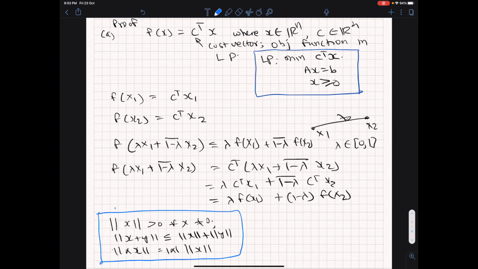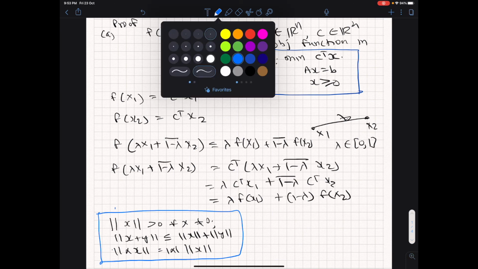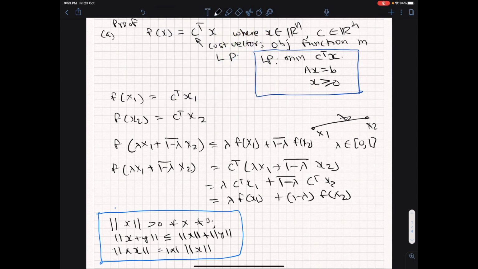Now we have to show that. So what do we need to show? f of x is the norm of x, is it not? Now what we need to evaluate is f of lambda x1 plus 1 minus lambda x2, where again x1 and x2 are arbitrary vectors coming from Rn.